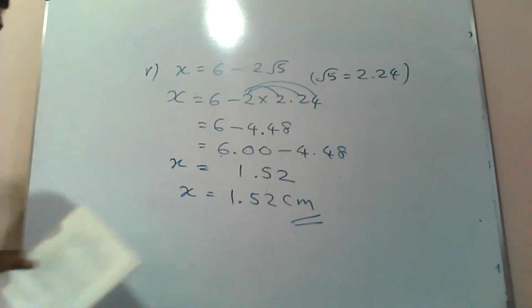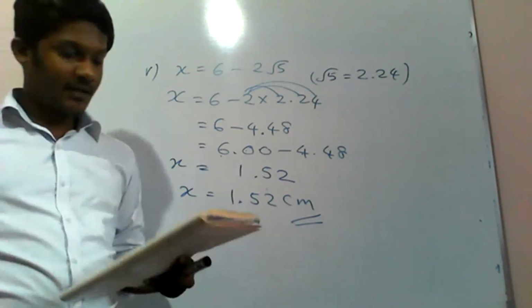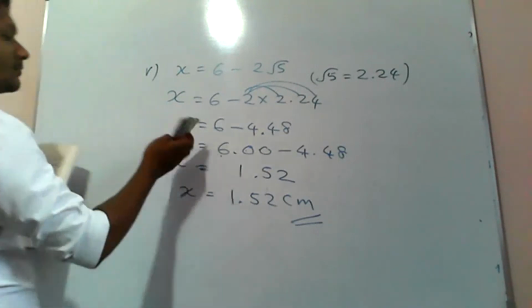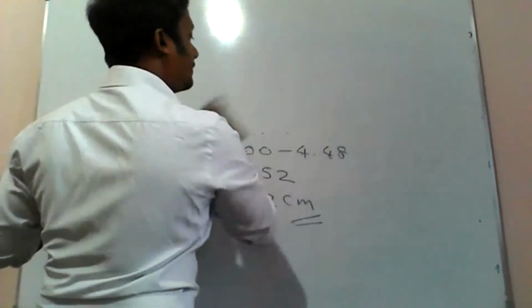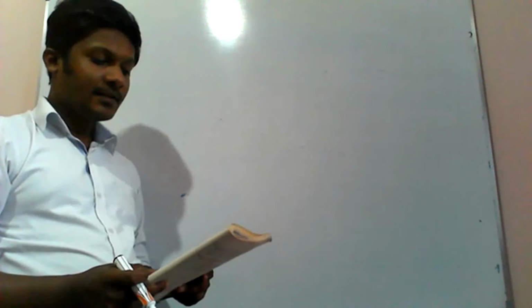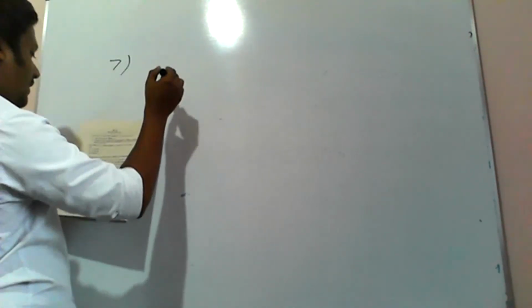Right. Question number 7 of part B. The first term of the arithmetic progression is 3 and the 11th term is 43. Arithmetic progression.